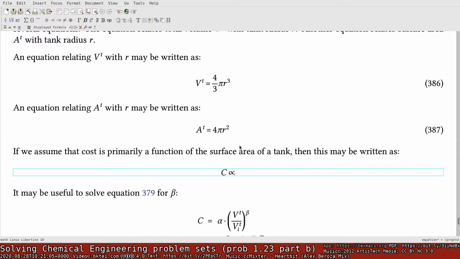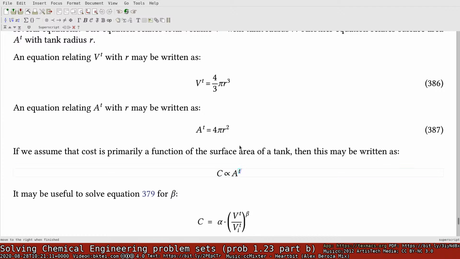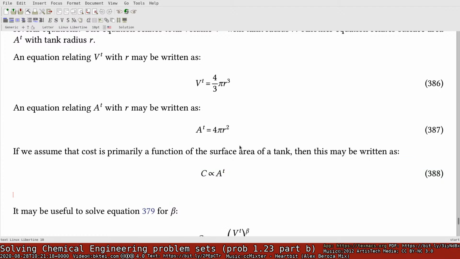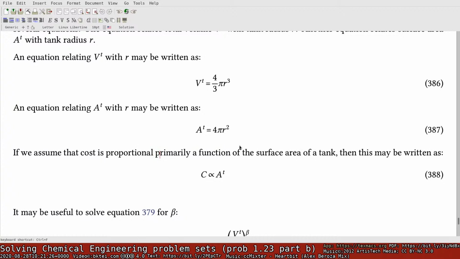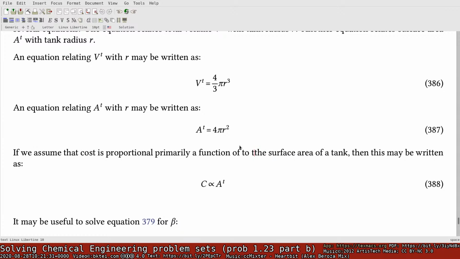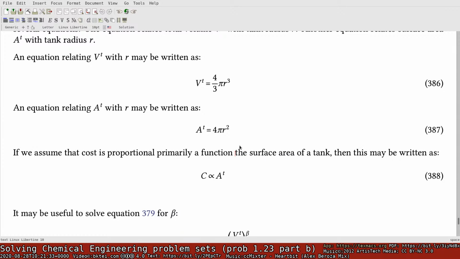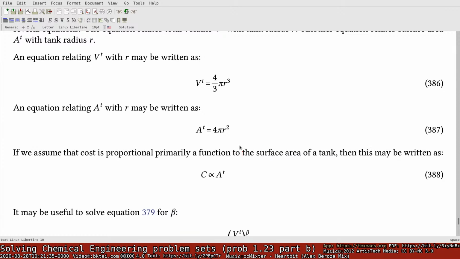C is proportional to surface area. Cost is proportional to the surface area of a tank. This may be written as that.